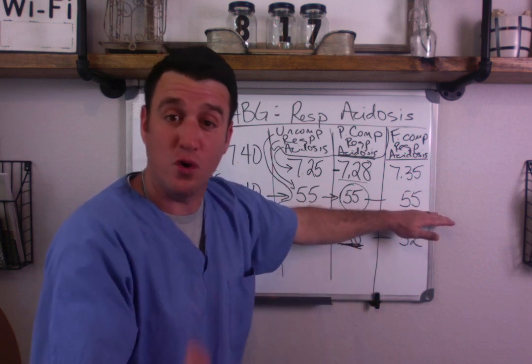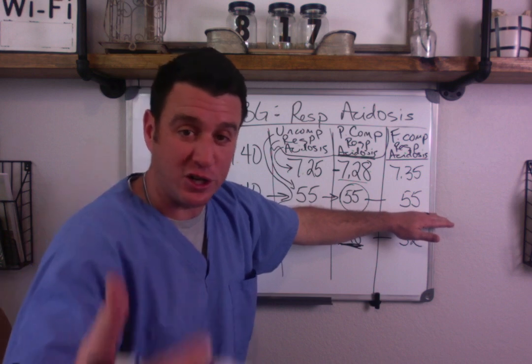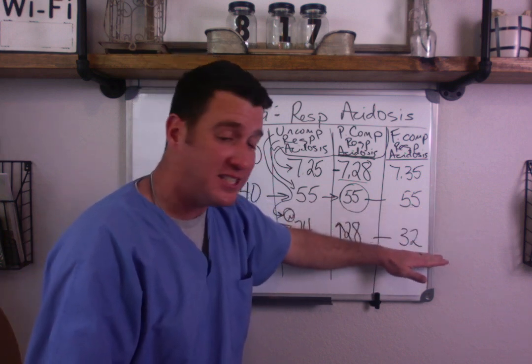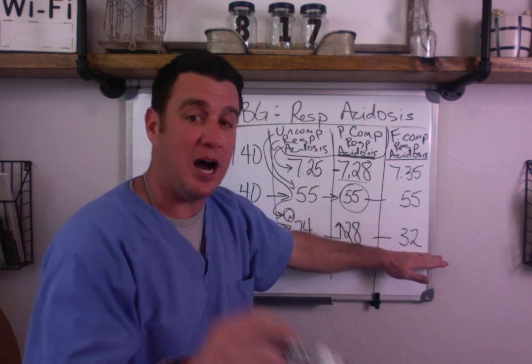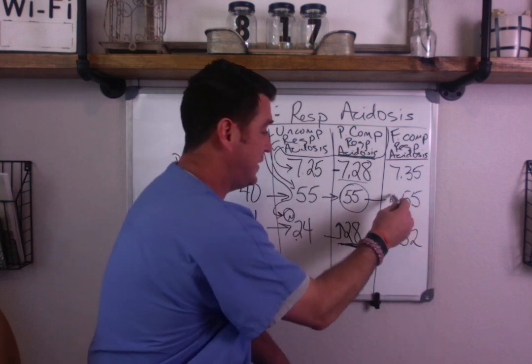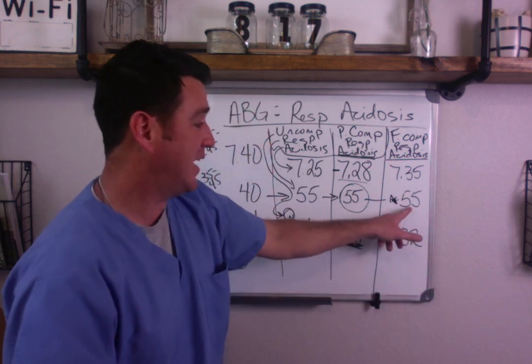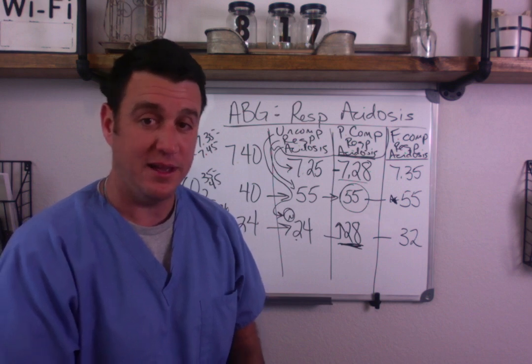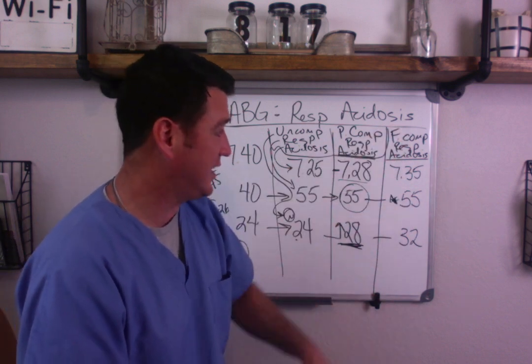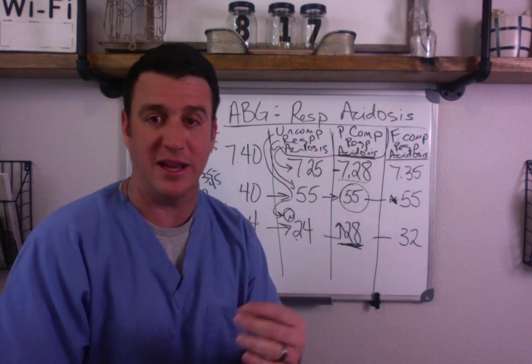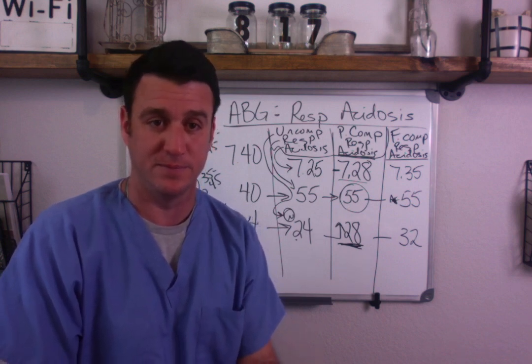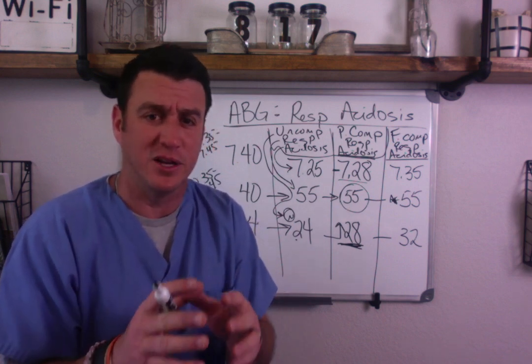But we don't. We have a normal pH, which is your first clue that your bicarb must be elevated to compensate for the acidosis being caused by the high CO2. And that makes this a fully compensated respiratory acidosis. Okay, so those are the three breakdowns of respiratory acidosis.